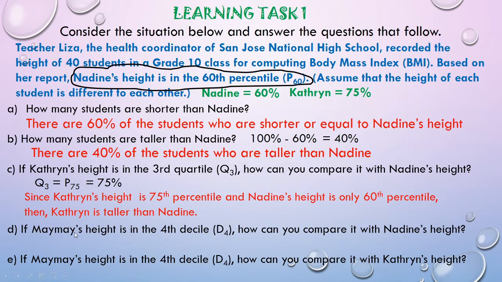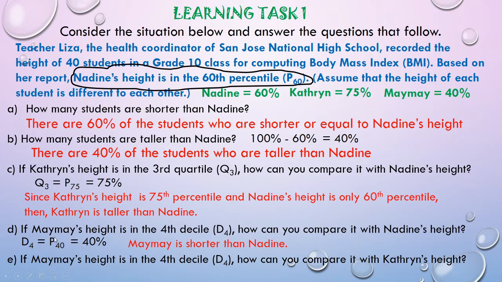Okay, next. If May's height is in the 4th decile, that means D sub 4 is equal to P sub 40 or 40%. So, May is 40%. Ico-compare kay Nadine, which is 60%. Paano natin i-compare yung kay May? Sasabihin natin na si May is shorter than Nadine.